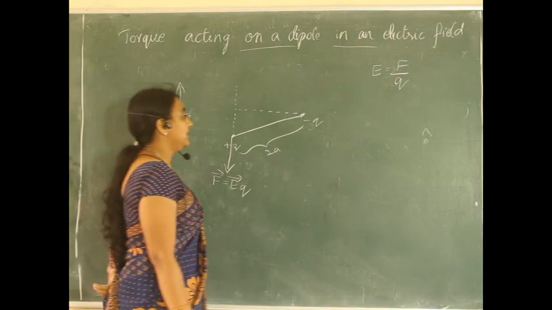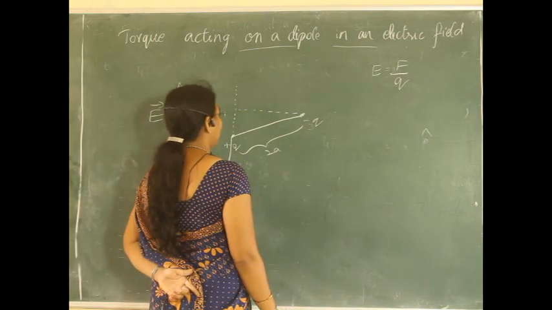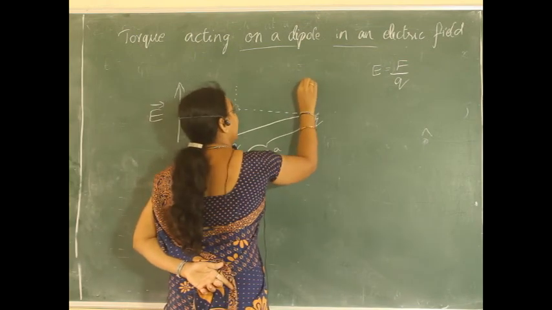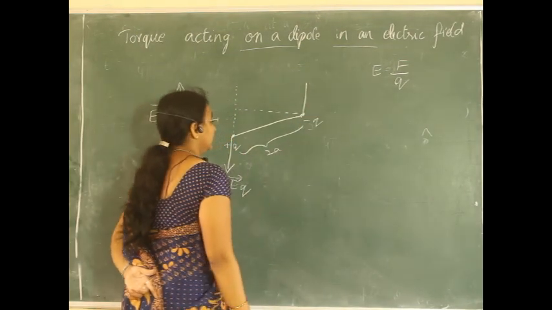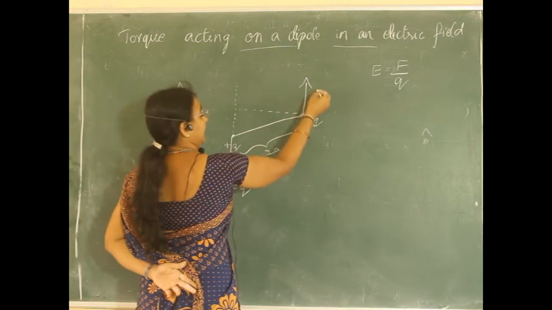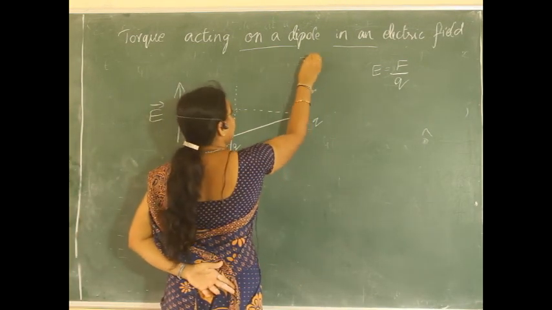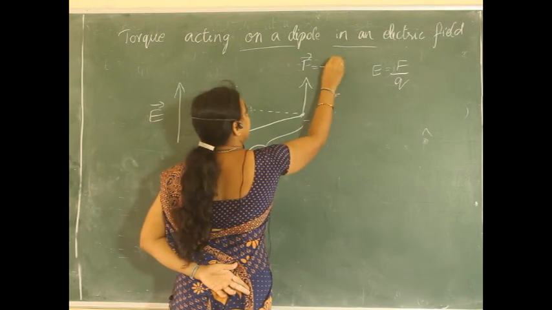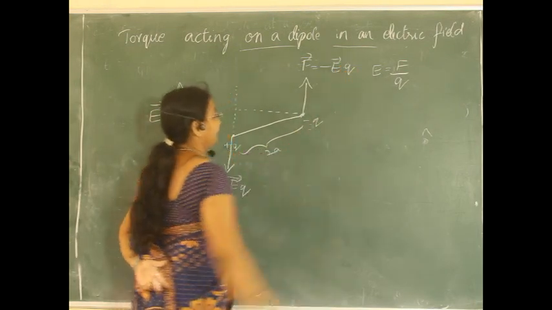Due to the minus q charge, the force acting on this minus q charge is like this. See here carefully: F vector is equal to minus E vector into q.